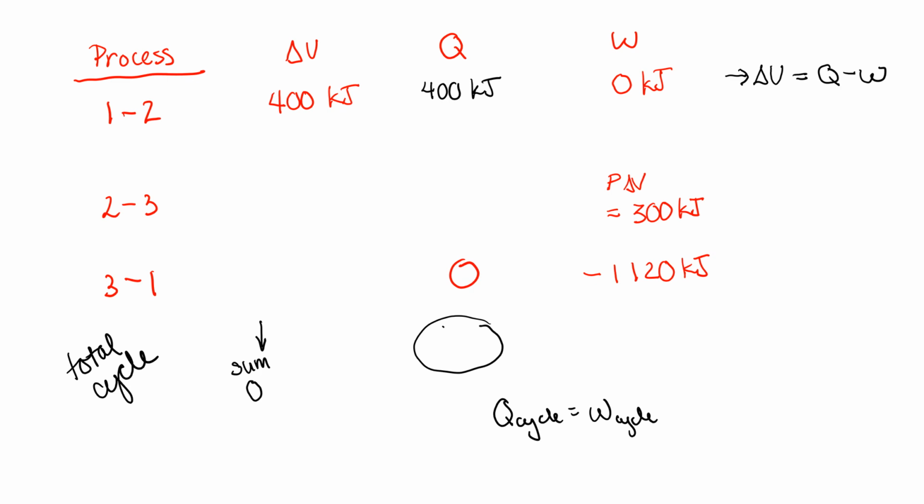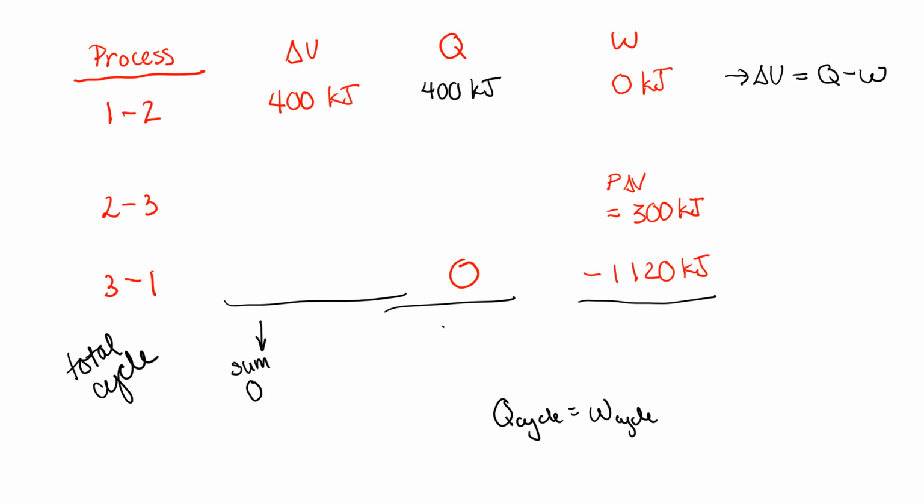We know here that the entire work done over the entire cycle is negative 820 kilojoules.